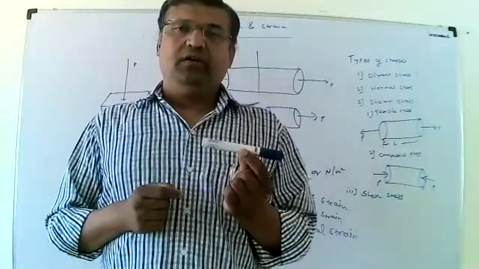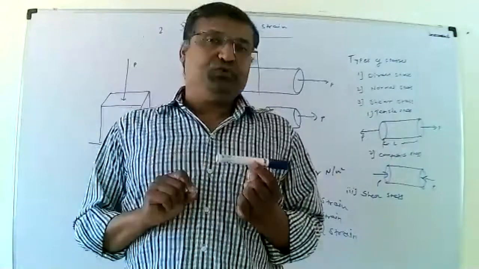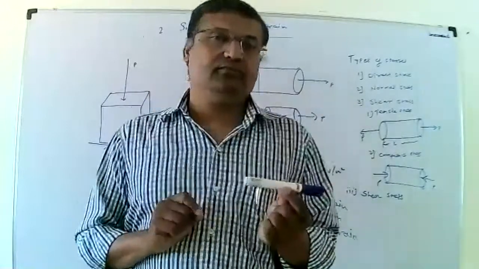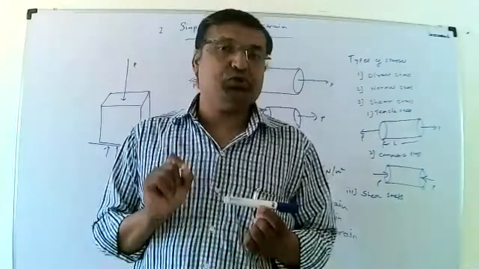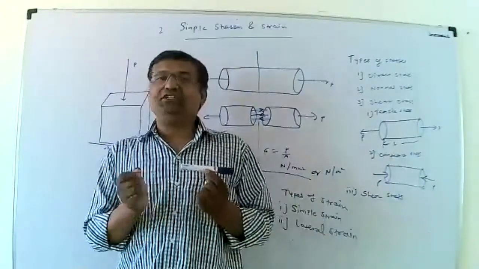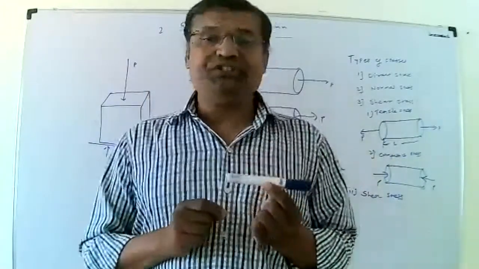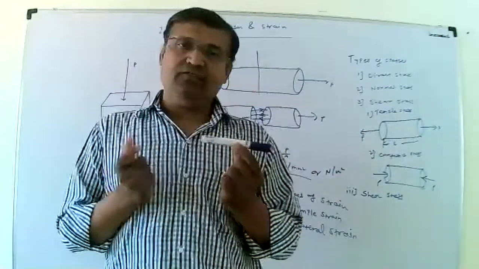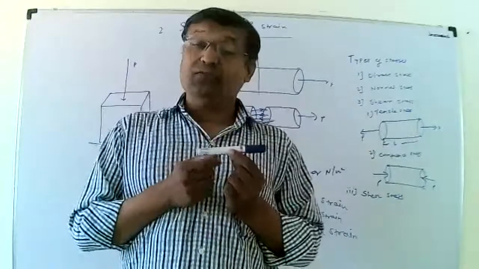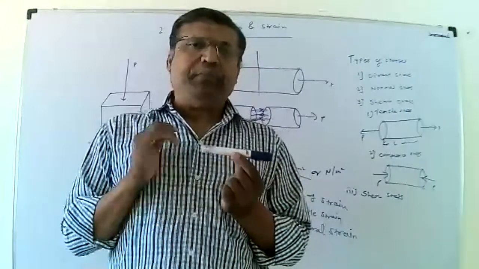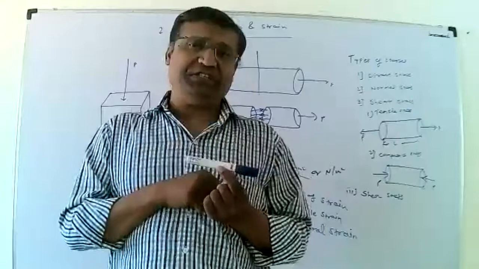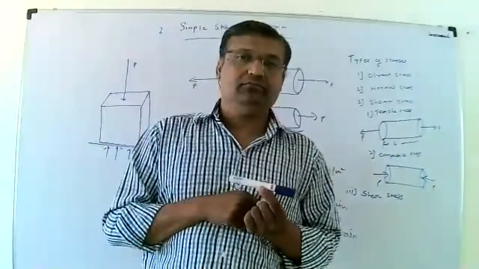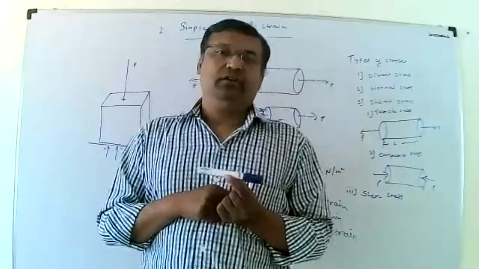According to the definition, lateral strain is the ratio of change in dimension to the original lateral dimension. The length will elongate, but the two lateral dimensions, that is height and width, are also affected.